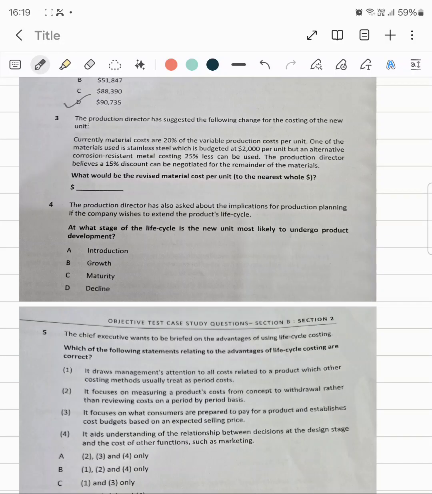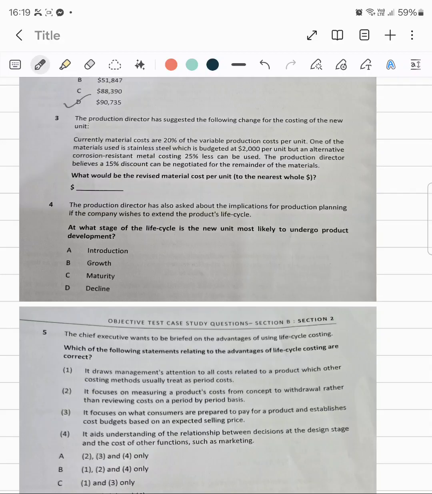One of the material used is stainless steel, which is budgeted 2000 per unit, but an alternative corrosion resistant material costing 25% less can be used. The production director believes a 15% discount can be negotiated for the remainder of the material. What would be the revised material cost per unit?